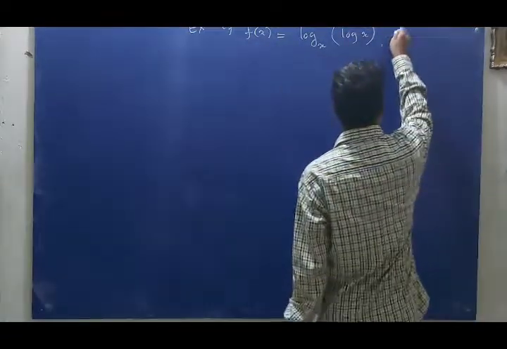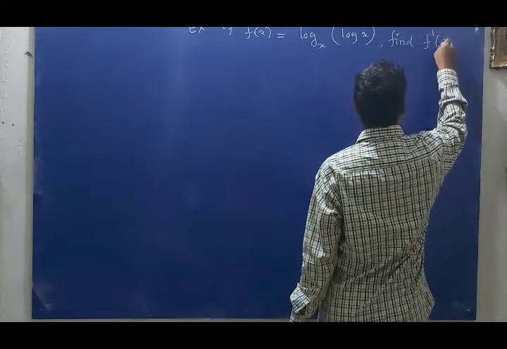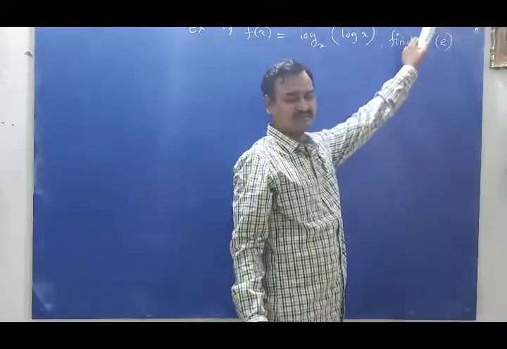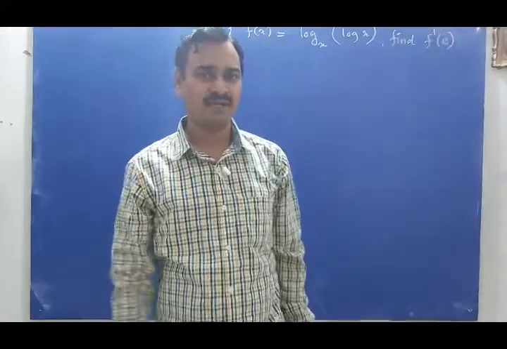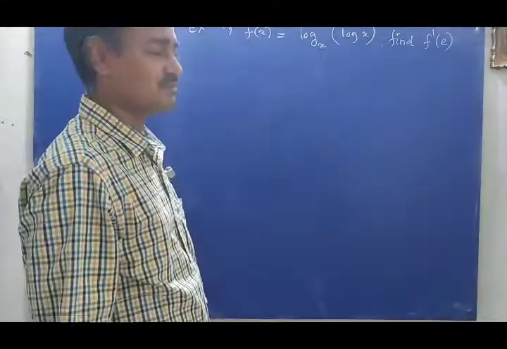Then find f dash of e. That means find f dash of x at x is equal to e.